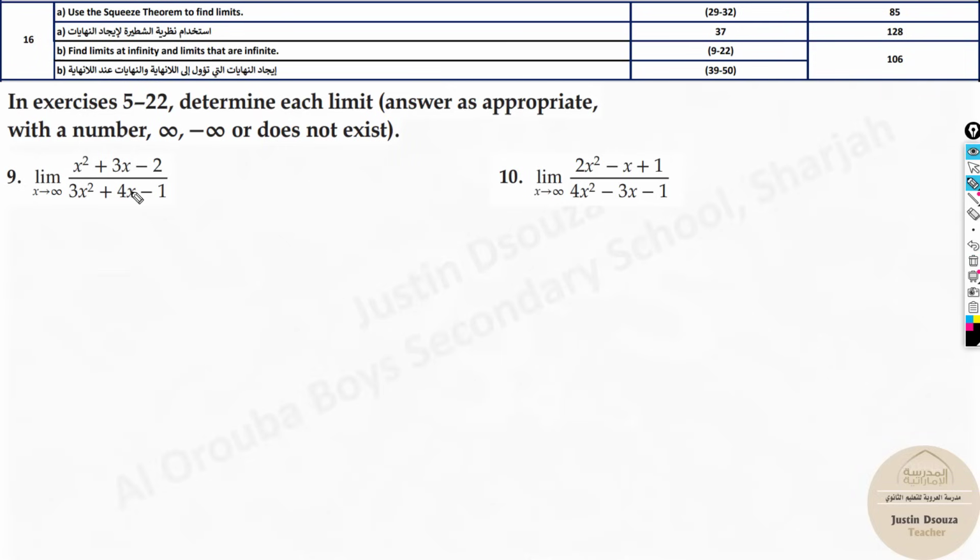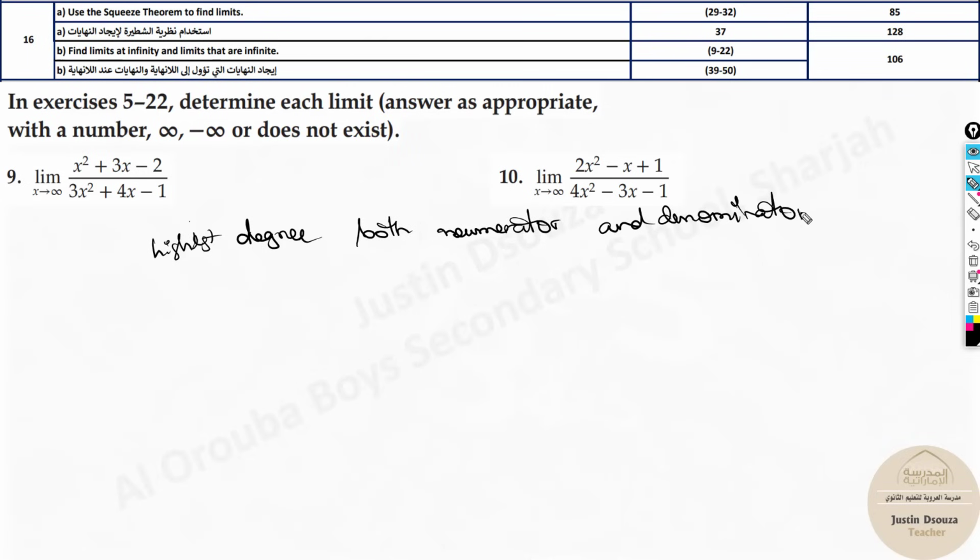The highest degree, both numerator and denominator, is x power 2. Degree is 2. Therefore, x square by 3x square tends to 1 by 3.